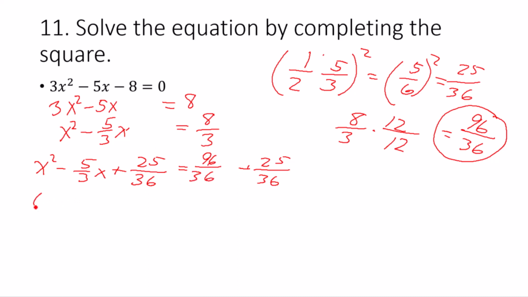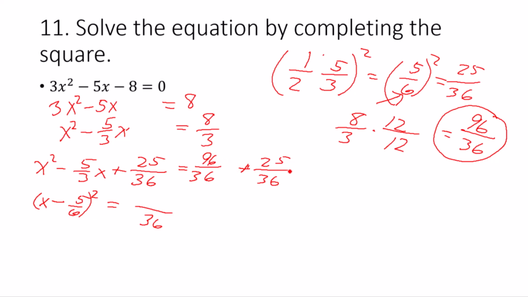We're a little bit closer now. All right, time to factor. X minus, what was it before we squared it? It was 5/6. So x minus 5/6, quantity squared, gives us this left-hand side. On the right-hand side, what do we have? Well, we're going to be adding these two. Fortunately, they now have 36 as a common denominator.